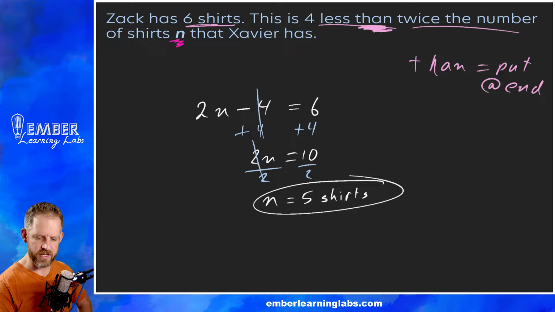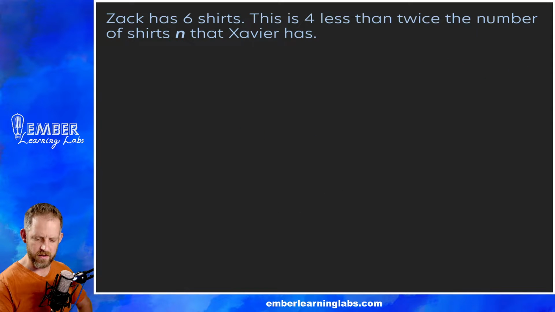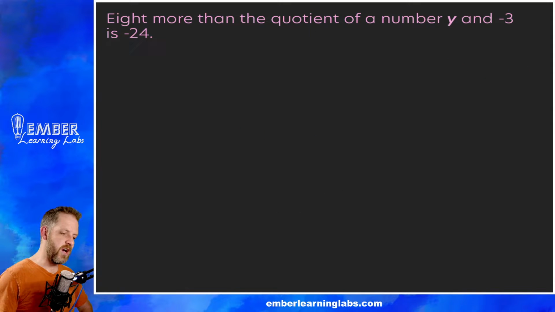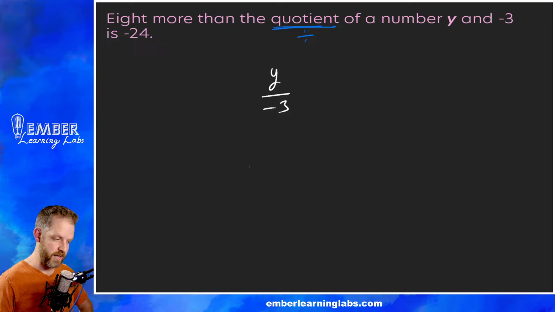Let's do another one. See what we've got there. Okay, so 8 more than the quotient of a number y and -3. So quotient, what does quotient mean? Well, that's division, right? So the quotient of y and -3, so y divided by -3, right?